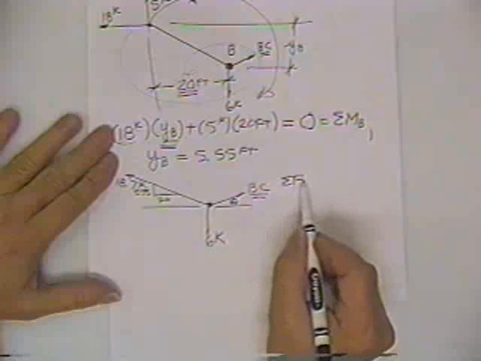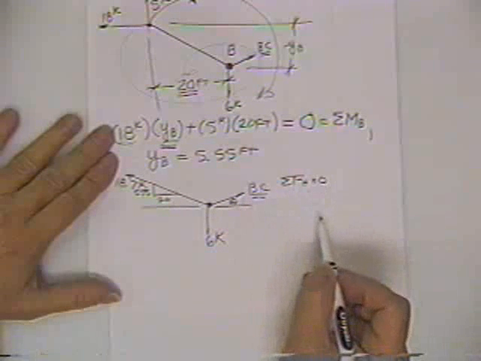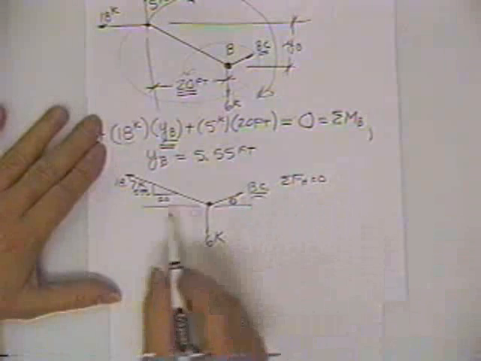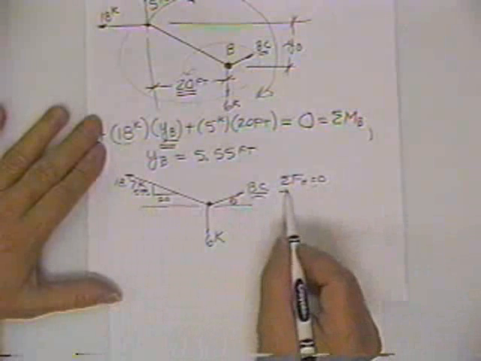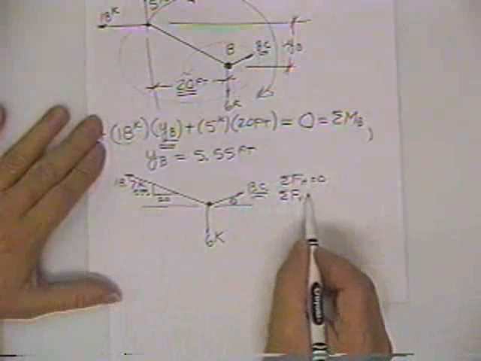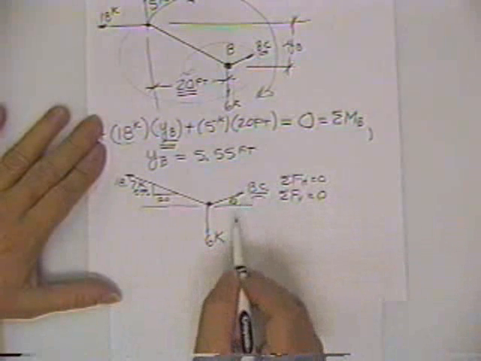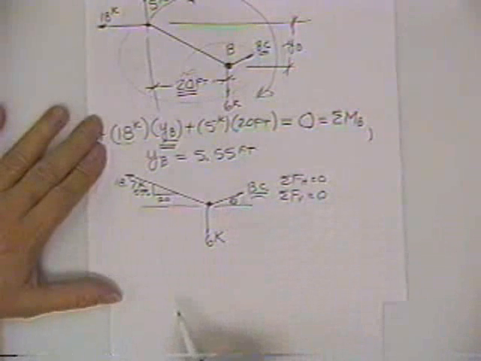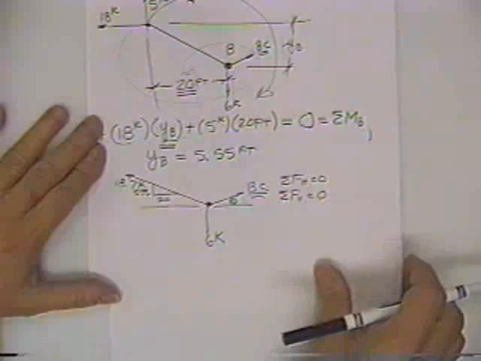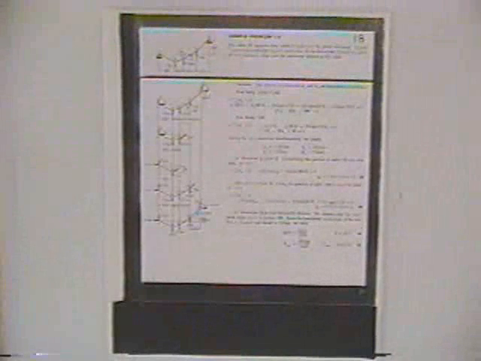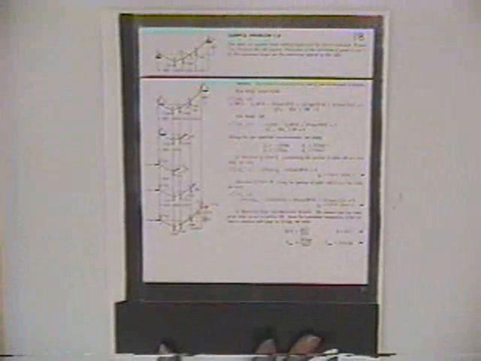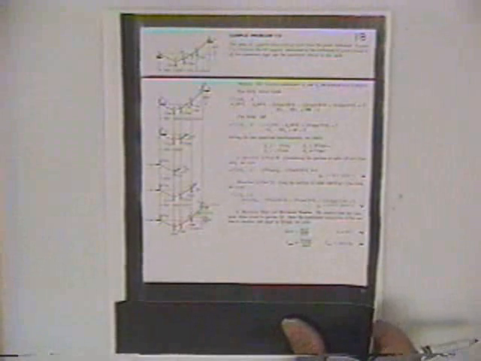When you sum forces horizontal equals 0, you'll get one equation. When you sum forces vertical, you'll get another equation. Both of them will have BC and theta in it. You can solve for both of them. And the solution is in your notes there. We just stuck them in there. All right.